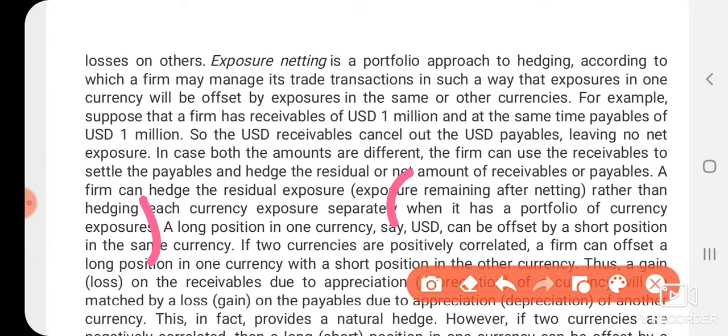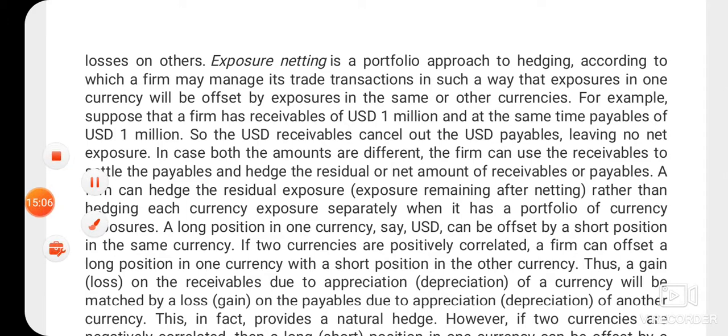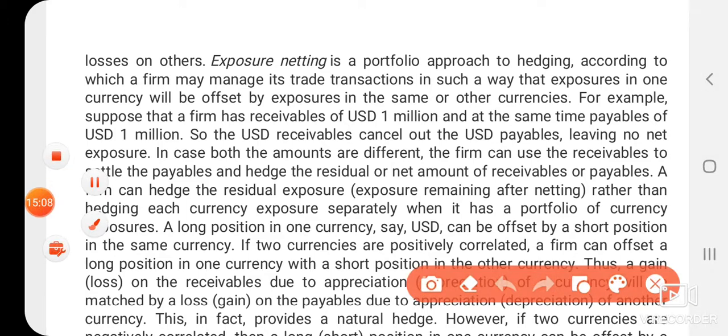Due to that, we can minimize or hedge each currency exposure. This is one of the advantages of residual exposure.